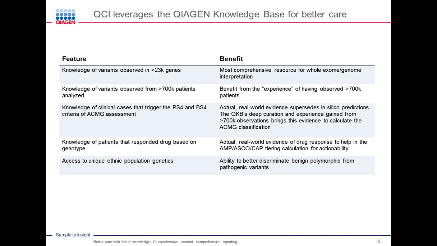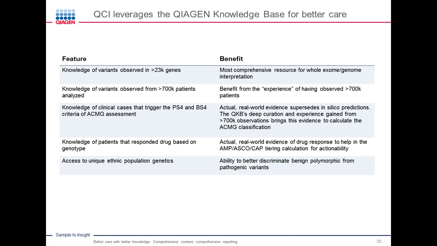Something else I want to highlight is that because of our manual curation and our experience of using knowledge from the CentoMD database as well as from other labs, we can actually trigger the PS4 and the BS4 criteria. And this is important because while many platforms out there claim they do ACMG assessment, very few actually trigger the PS4 and the BS4 criteria.